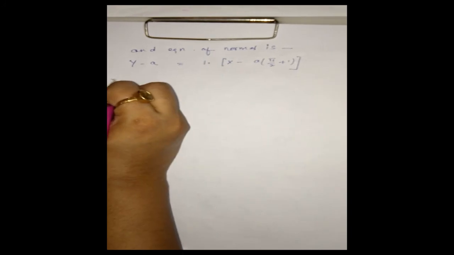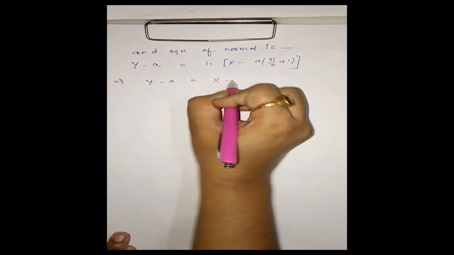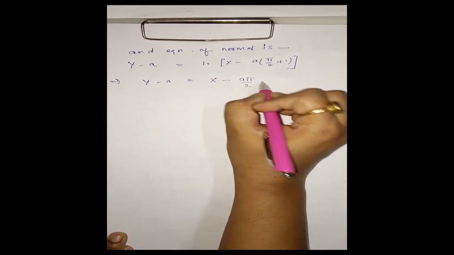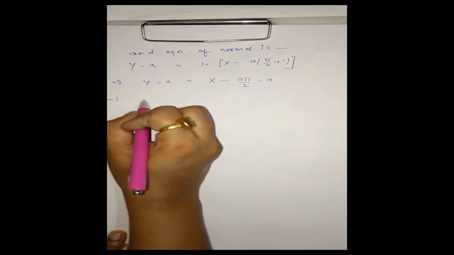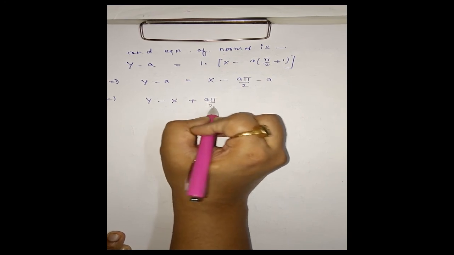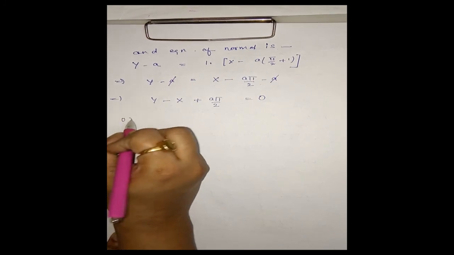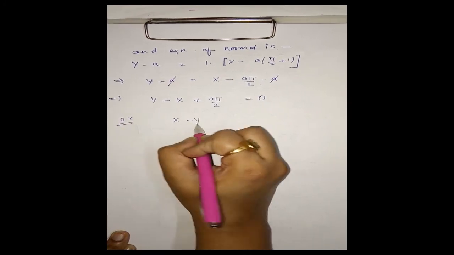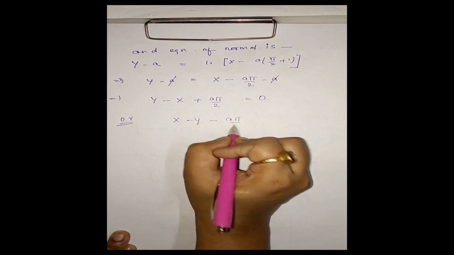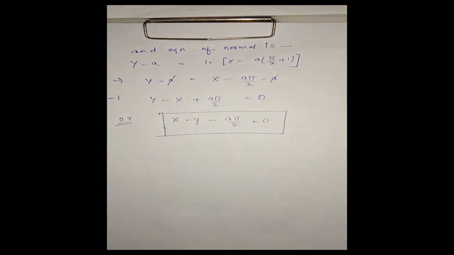That is, y minus a is equal to x minus aπ/2 minus a, and this is equal to y minus x plus aπ/2. This a will get cancelled out. This is equal to 0, or this is x minus y minus aπ/2 is equal to 0. This is my equation of normal at the point θ equal to π/2.